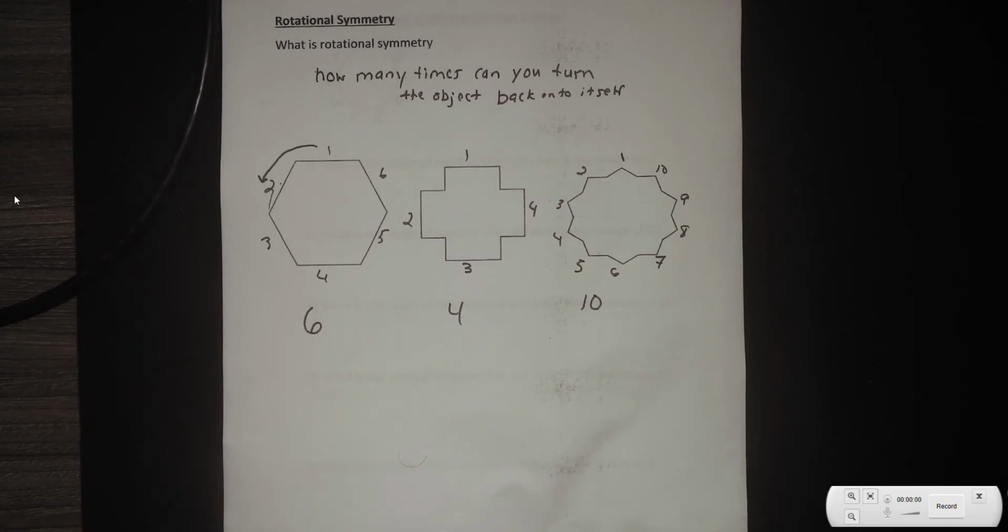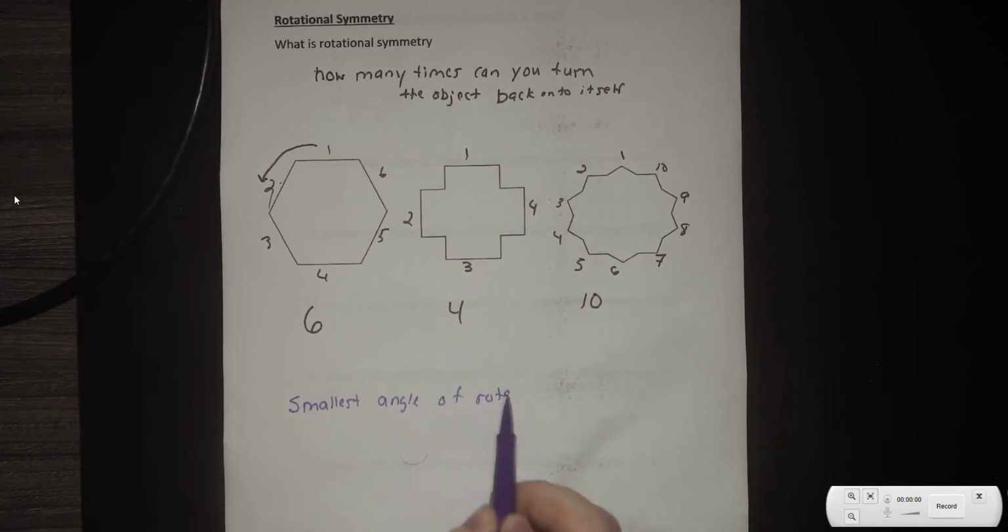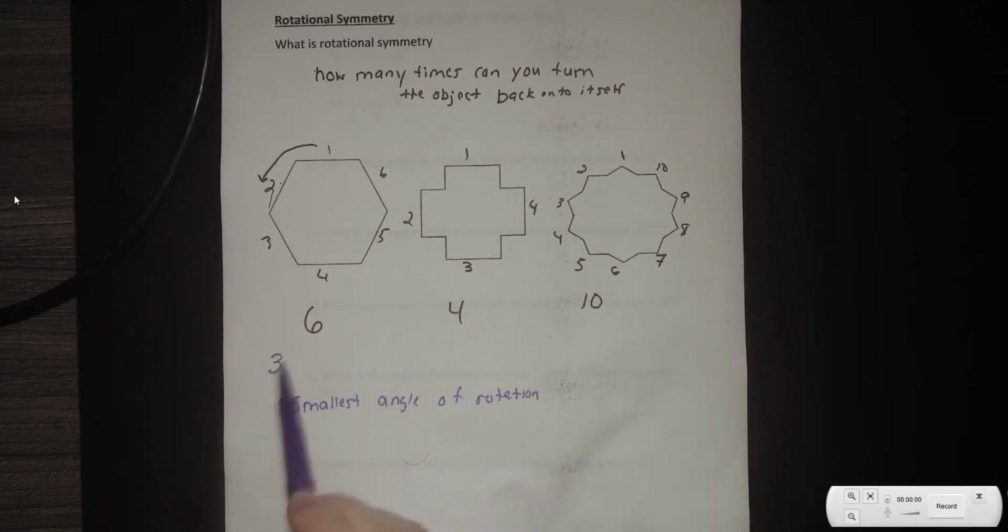What we're also going to do is find what's called the smallest angle of rotation. All circles are 360 degrees.